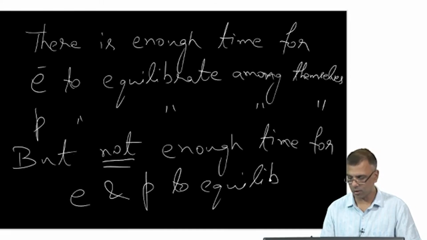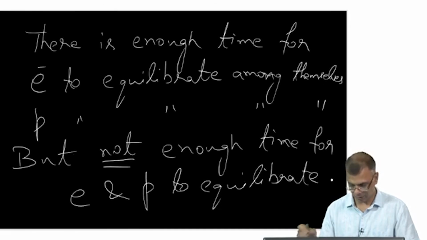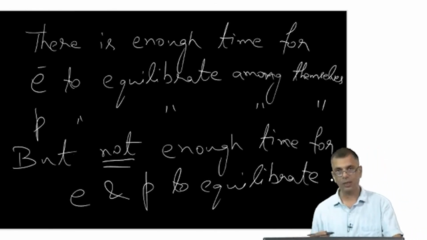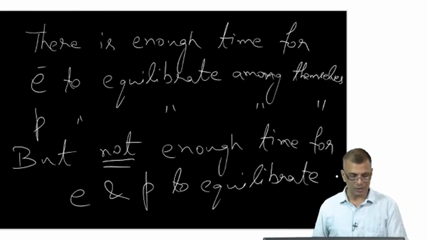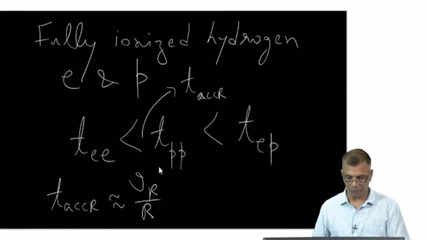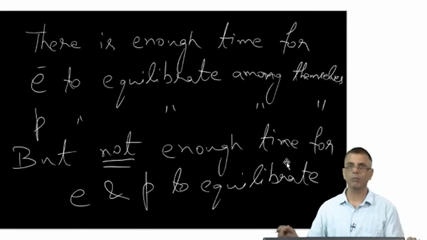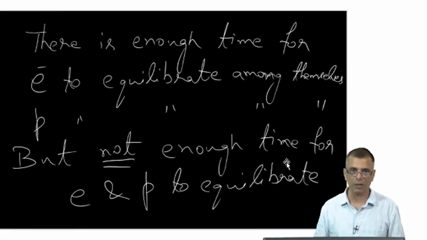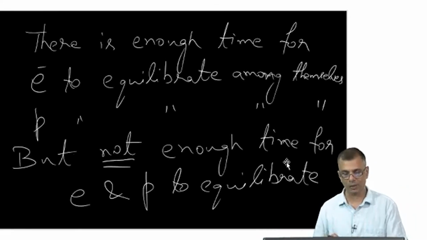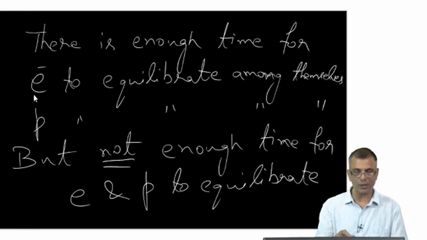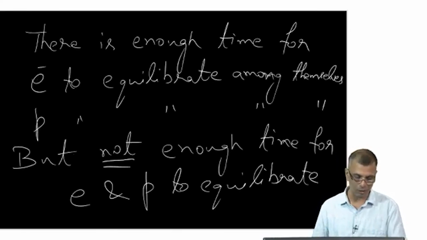In other words, there can be situations where the VR is such that there is not enough time for the electrons and protons to equilibrate. There is not enough time for interspecies equilibration. There is enough time for intraspecies equilibration, but not enough time for interspecies equilibration.